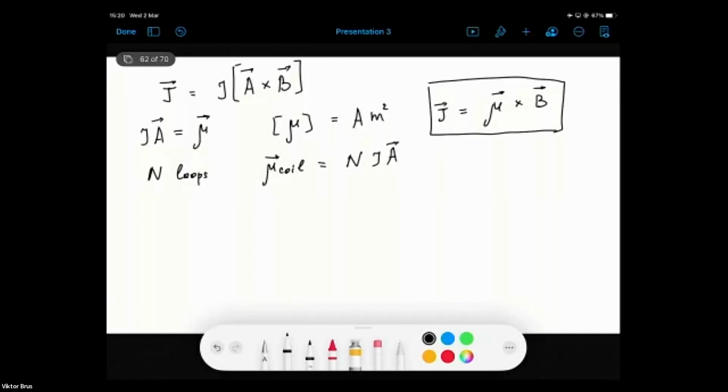So going from the origin of this, it was found by Edwin Hall in 1879 that when we place some current carrying conductor in an external magnetic field, which is perpendicular to the current direction, there will be some electric field created, which is perpendicular to both the electric current direction and the magnetic field direction.